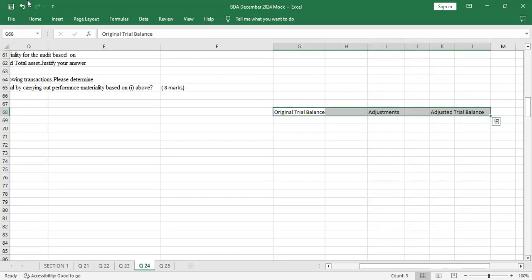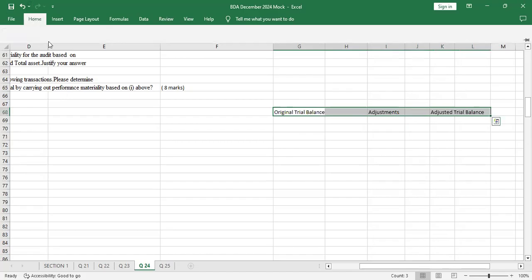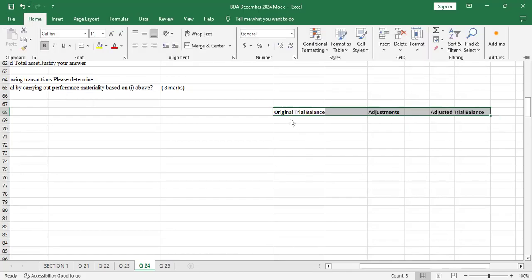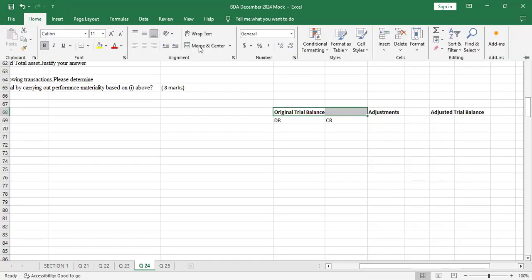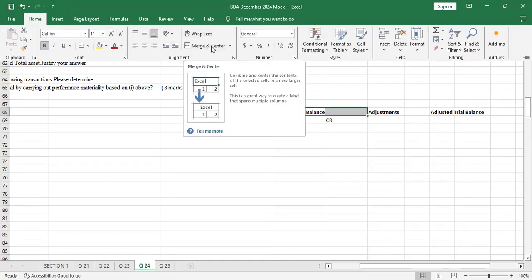Okay, so allow me to bold this. Then both will have the debit and the credit side. So debit, credit for that. I'll highlight that, then you merge. So I can merge and center.